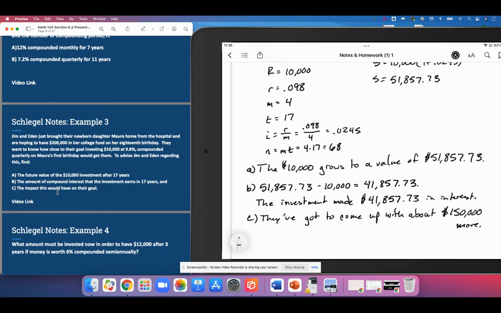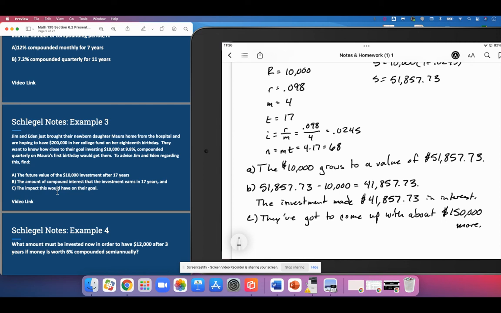And so knowing this, if I was Jim and Eden's financial advisor, I might tell them, hey, you've got to come up with $150,000 more, but we could set you up with an annuity, and whatever you can afford to put in there on a monthly basis, we can get set up for you. So we could set you up to put in $100 a month. In the next section after this one, we would see how much of an impact something like that would have, because we'll be spending our time talking about annuities.